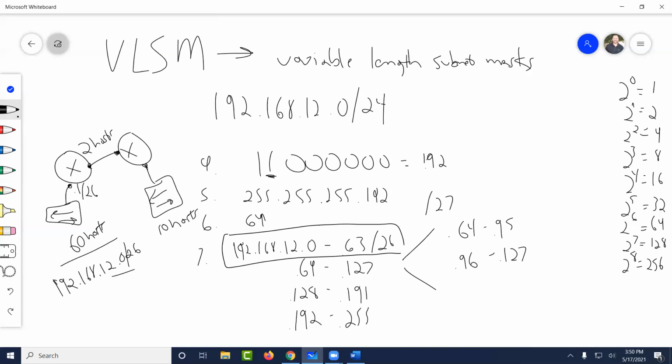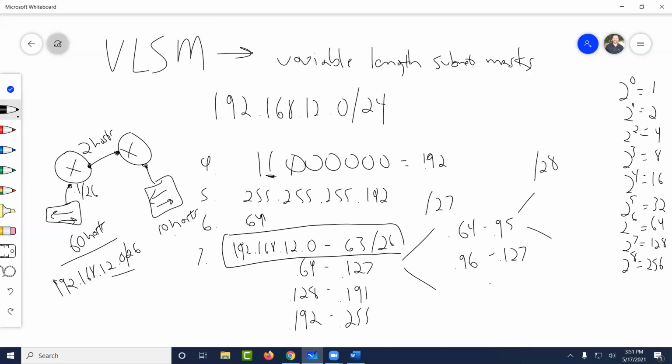Okay. How many hosts are there on each one of these subnets? If I borrowed one more bit, it'd be 2 to the 5th. So these subnets each have 30 usable hosts on them. Still more than what I need right here for the 10 hosts. So I'm going to take this subnet and subnet it again to /28.